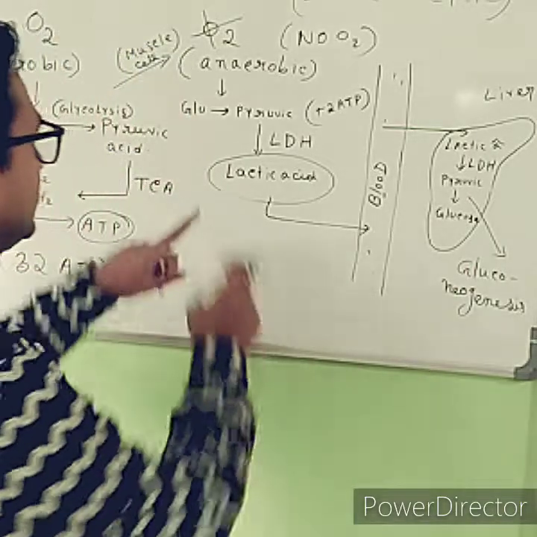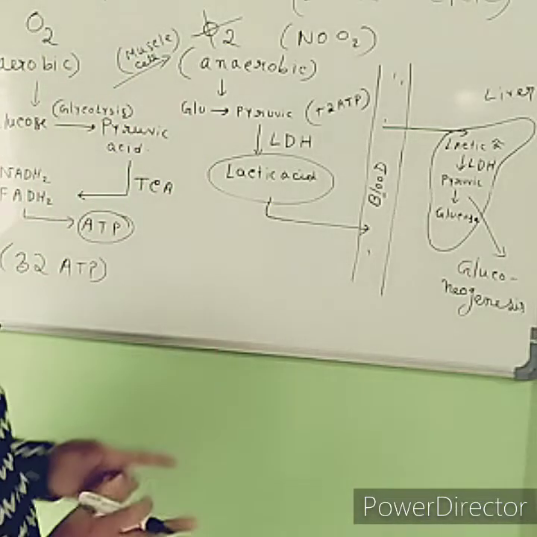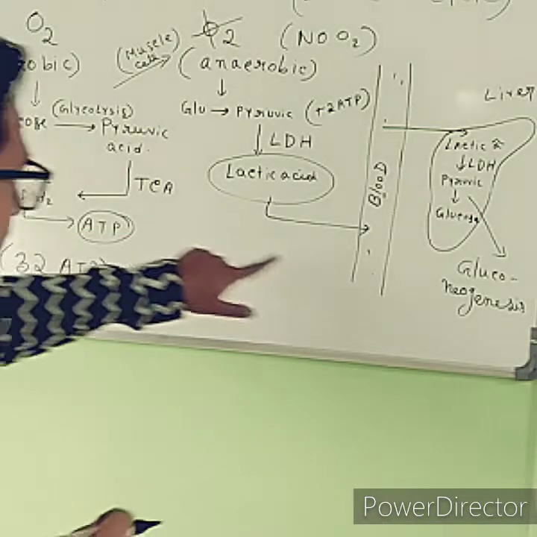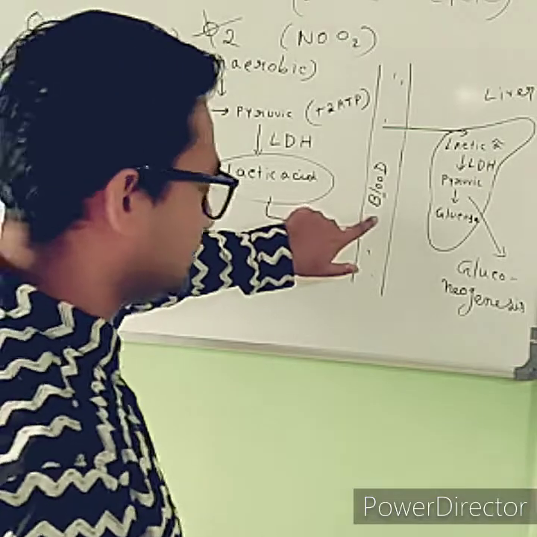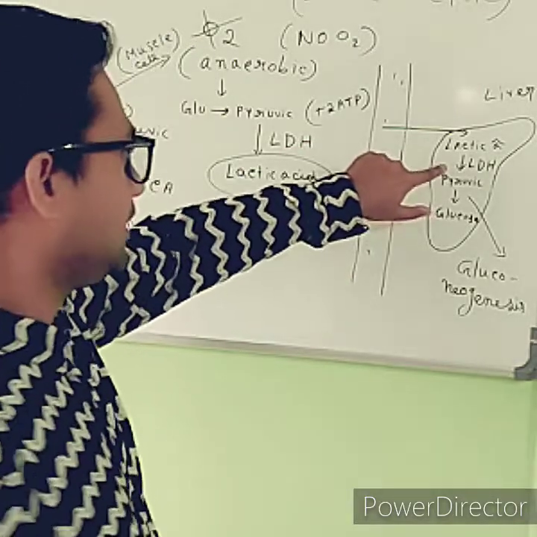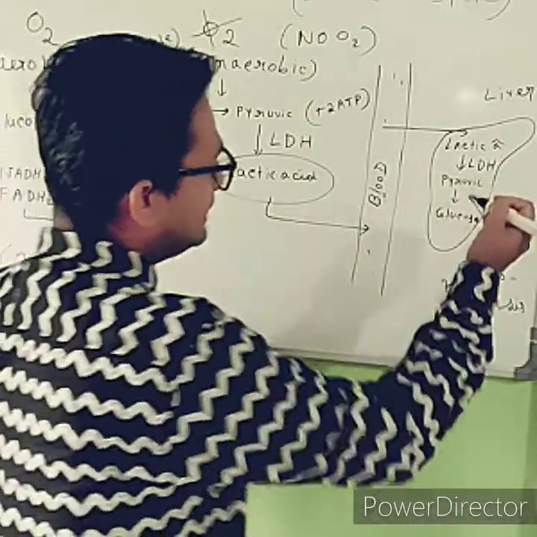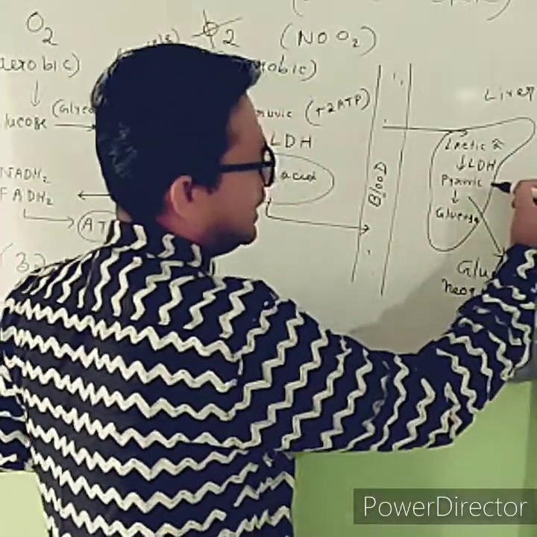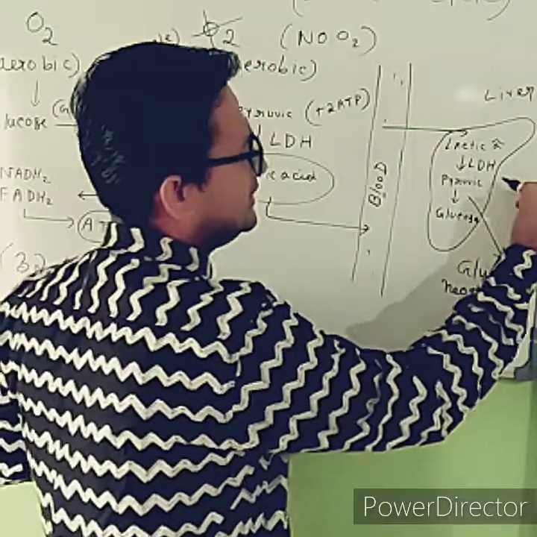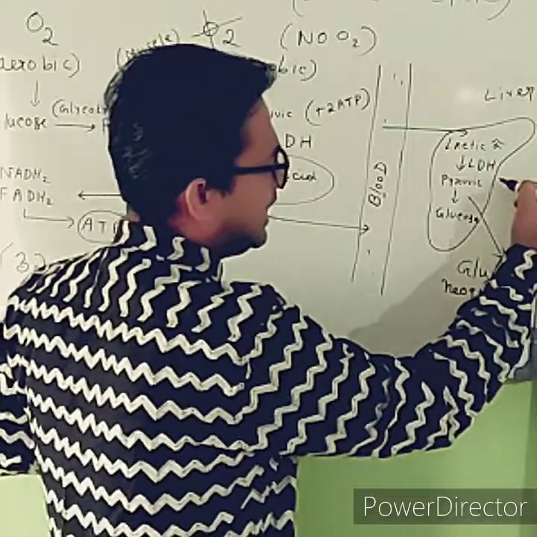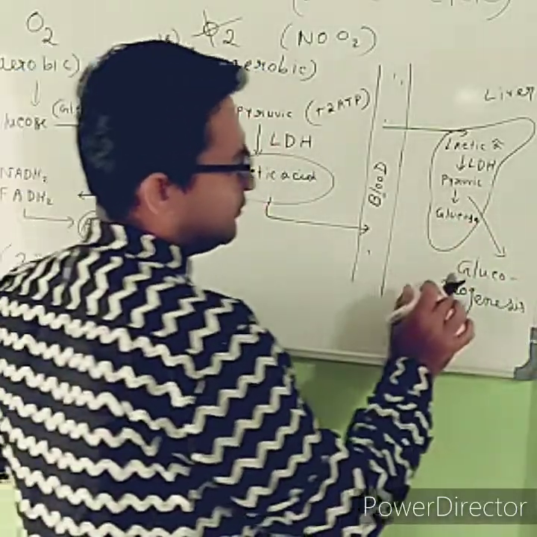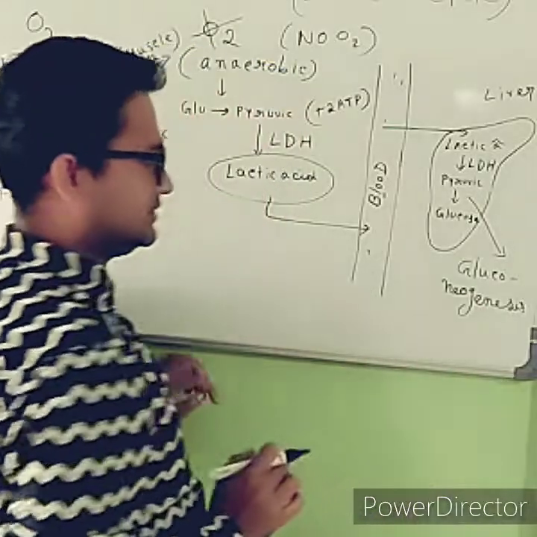So you see, the lactic acid produced during our exercise, during cellular respiration, goes to the bloodstream, and through the bloodstream it enters the liver. Then the lactic acid is converted to pyruvic acid through the same enzyme, lactate dehydrogenase, and then converted into glucose through gluconeogenesis.